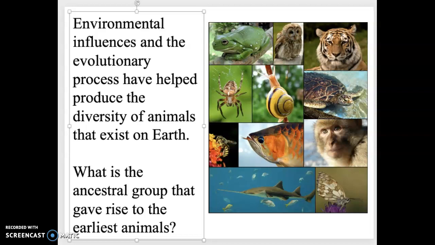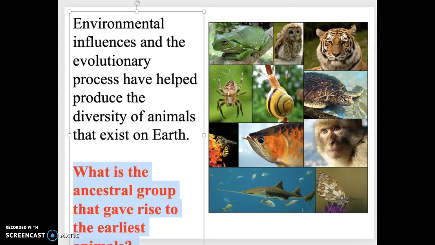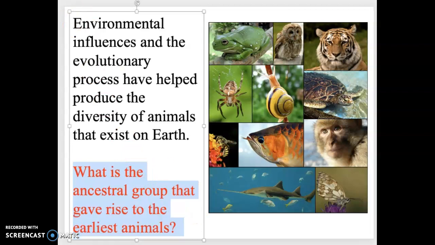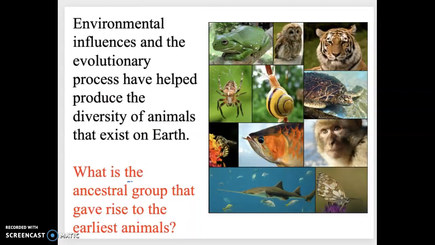Oh, wrong thing, sorry. What is the ancestral group that gave rise to the animals? Oh, too much. Gotta take the bold off, sorry. All right, what's the ancestral group? Which group did we talk about in previous lectures that are the ancestors to the animal kingdom? I want you guys to see if you can figure that one out before you jump to the next lecture.